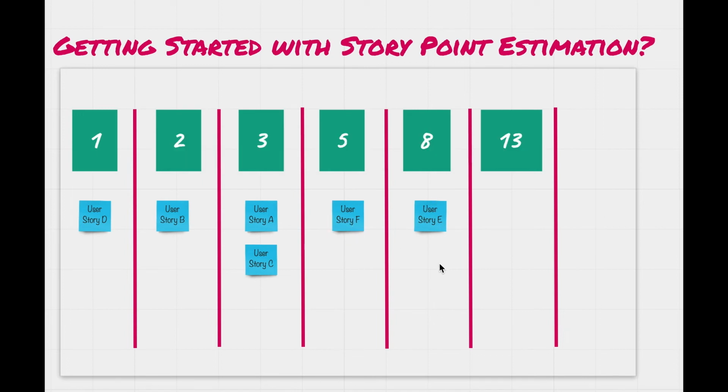Now at the end of the sprint you found that all these user stories were done within the same effort that you estimated, but user story C took much more time than user story A. You can then, let's say, assume that user story C took much more time than user story F, and maybe furthermore than user story E, according to your definition of done.